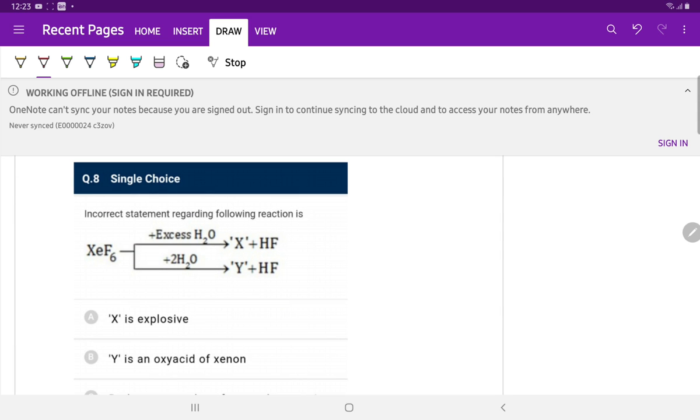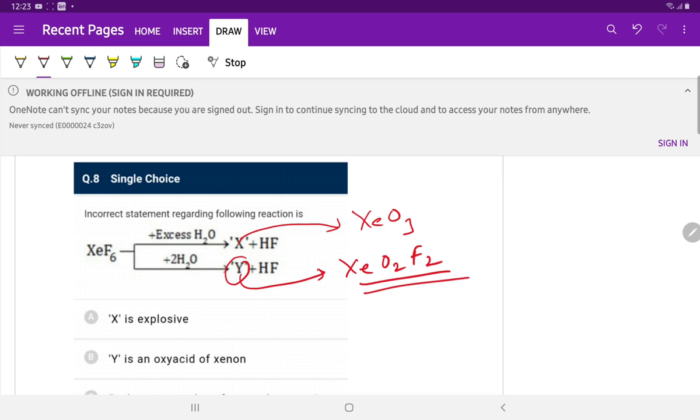We'll move to question number 8. XeF6 with excess of H2O gives X. X is XeO3, and in the presence of 2 moles of water partial hydrolysis will take place and XeO2F2 will form, and this is an oxyfluoride, not an oxyacid.